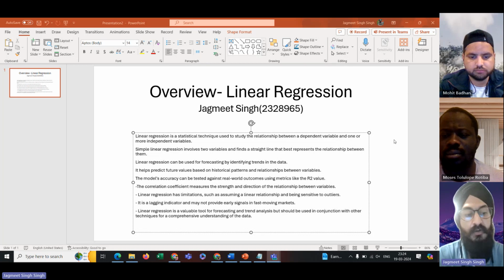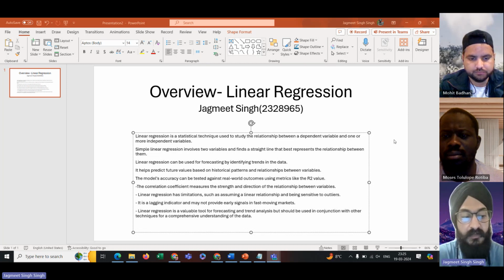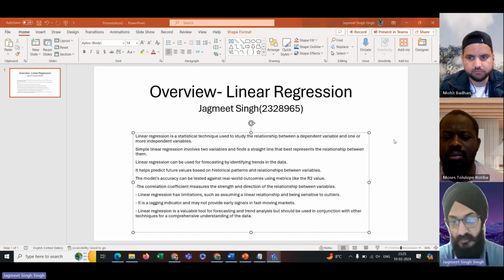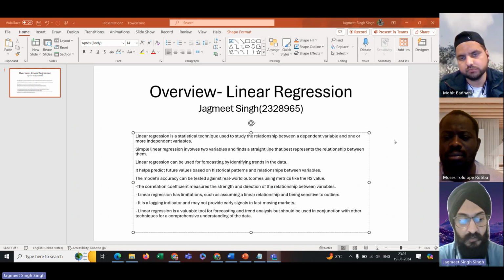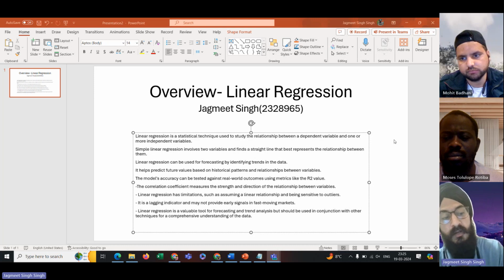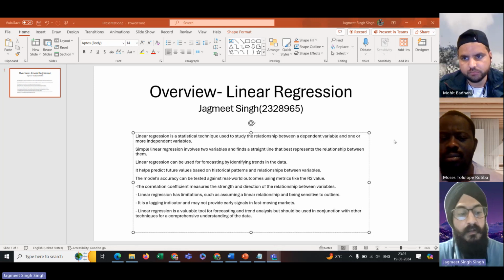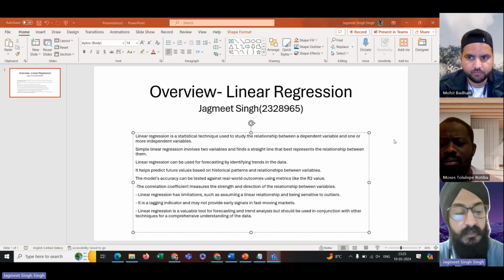By using linear regression, we can also analyze historical data and identify trends, how it is going. For example, if we see a consistent increase in sales over time, we can use regression, and it can help us predict future sales. To check how accurate our prediction is, we compare it with what actually happens in the real world.